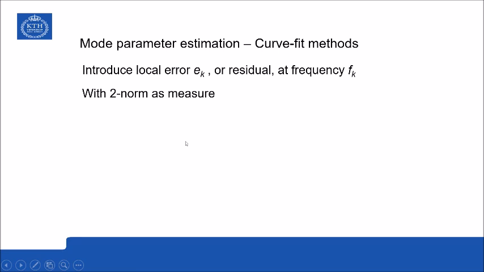If we use the 2 norm as a measure, then we define the local error, EK, mathematically as the squared absolute value of the difference between the complex valued measured frequency response function and the complex valued theoretical model frequency response function.